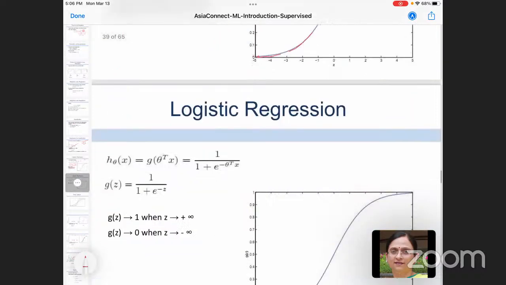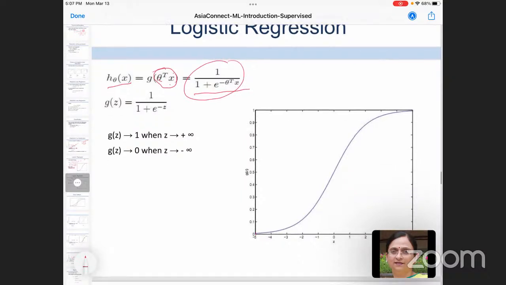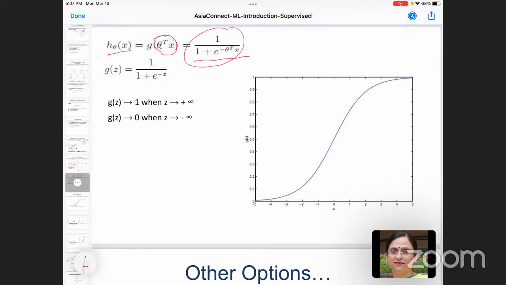So this is our hypothesis. Here, h theta x is a sigmoid function applied to the linear combination of your input features, theta transpose x, but we are using it differently so that it only gives you a value from 0 to 1. If z is minus infinity, the output is close to 0.